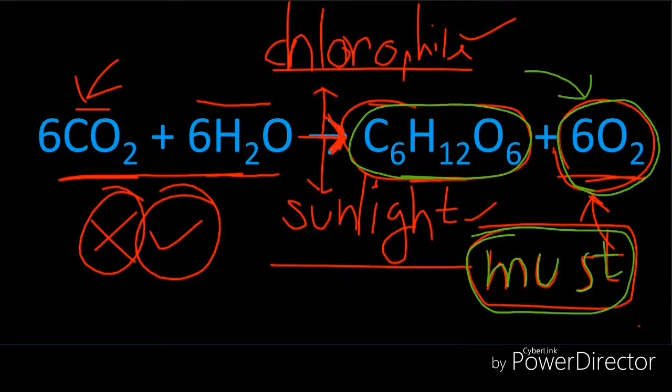And from the products we also get a sucrose molecule, or we call it sugar. And this is very important because this is the sugar which is converted into all of the foods we get from plants.